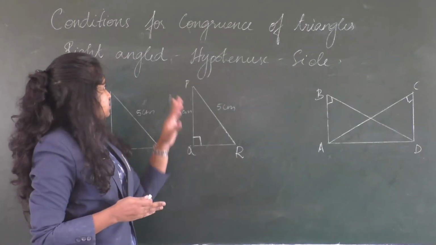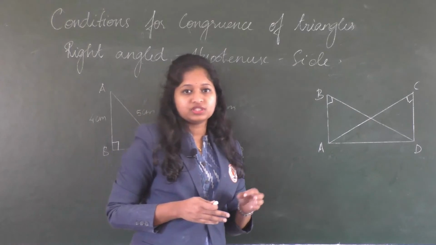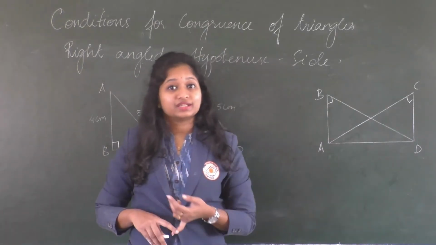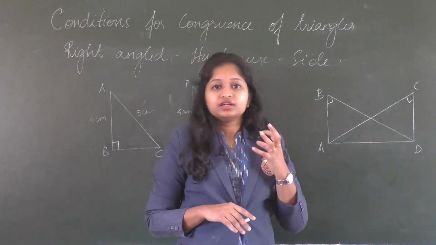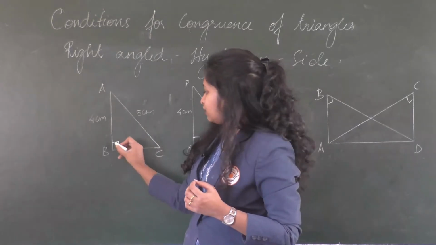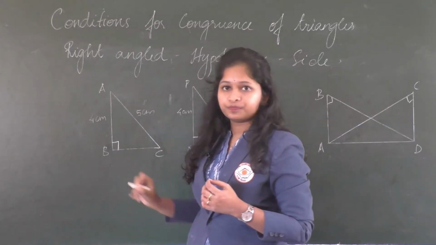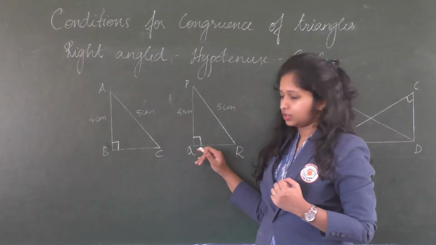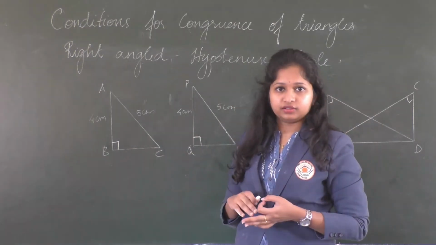Our last condition is right angled hypotenuse side congruence. Before that, do you know what is a right angle triangle? A right angle triangle is a triangle which has a 90 degree angle in it. Okay. So these type of triangles are called right angled triangles.